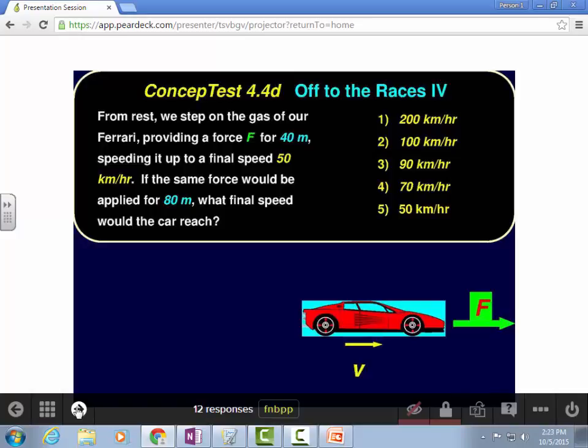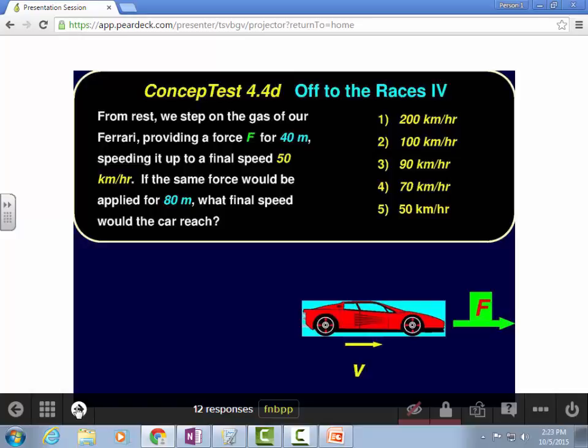All right, looking at this, what's our operative equation? Second kinematic, Vf squared equals 2a delta x. Notice, why did I not include Vi? It's 0. So, we have Vf2 squared equals, notice, what's A?